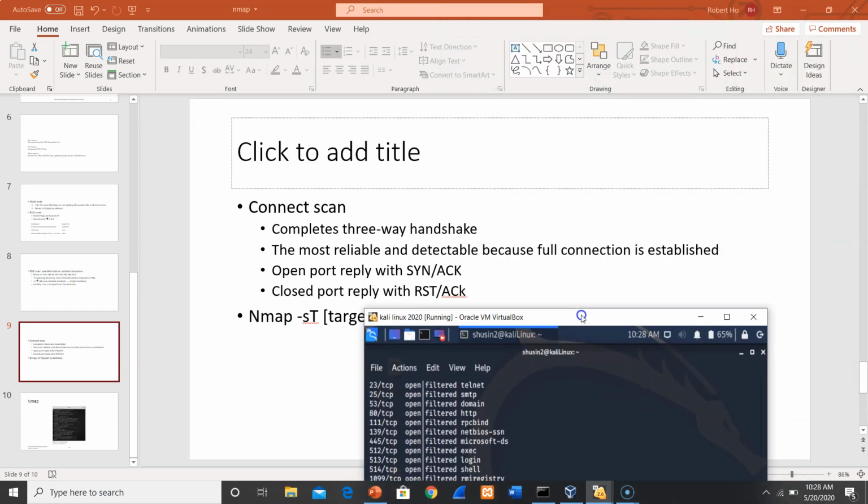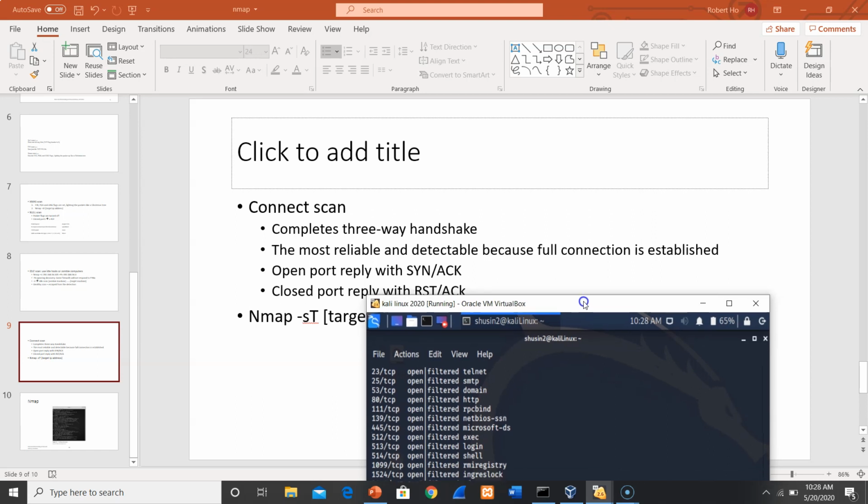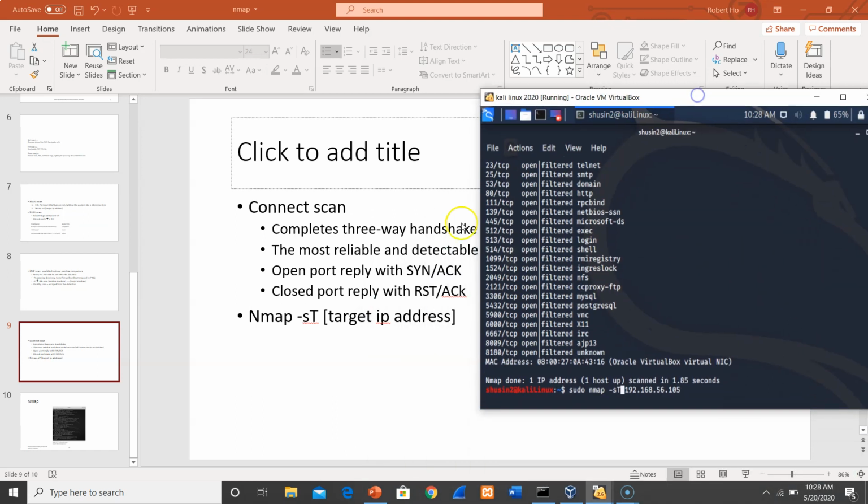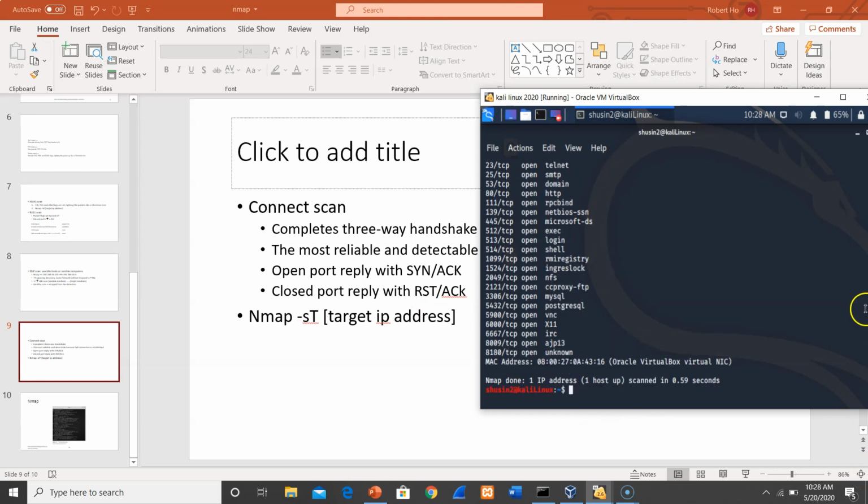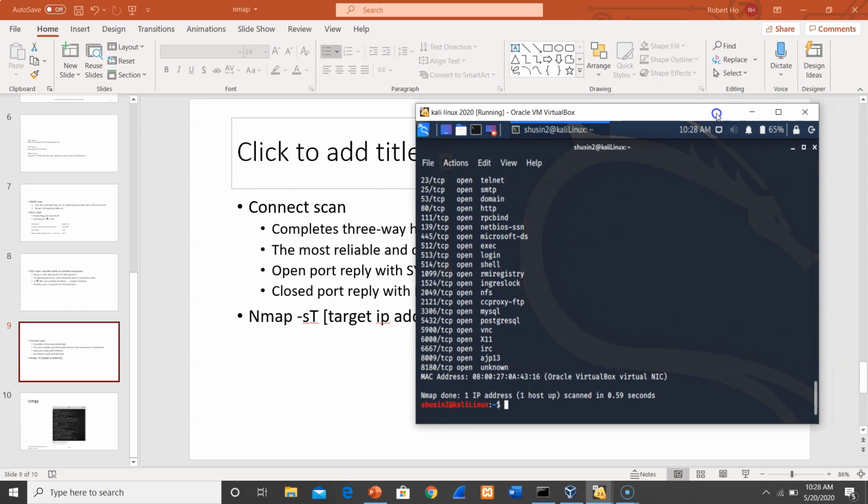This is the most reliable but it is detectable because a full connection is established, right? Remember that if the port is open, it will reply SYN-ACK. If the port is closed, it will reply with a reset. So let's do this one. Here we go. It gives you the result. All right.